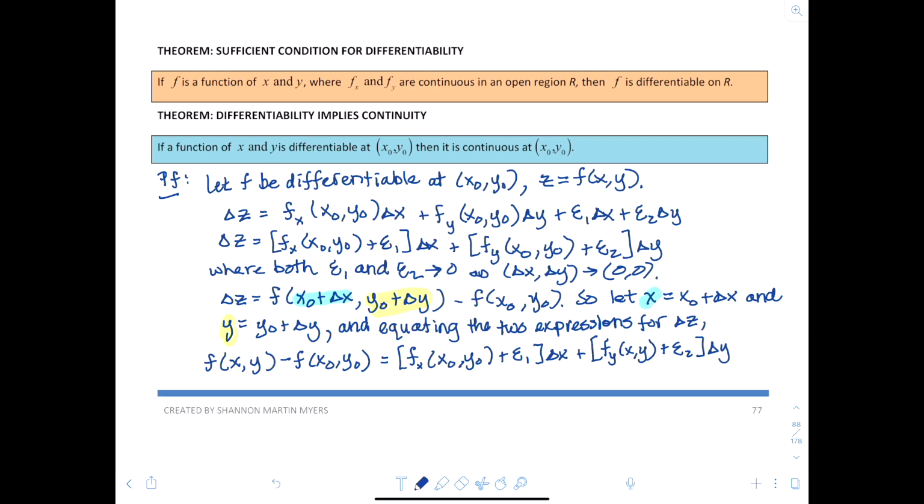So we just equated this equation with the substitution to this equation here.